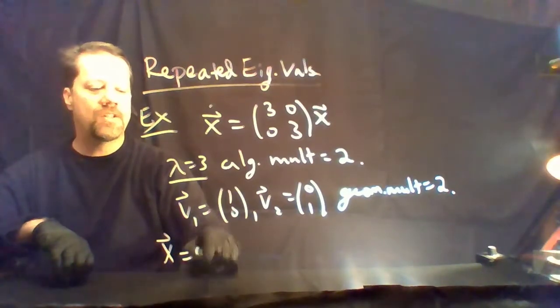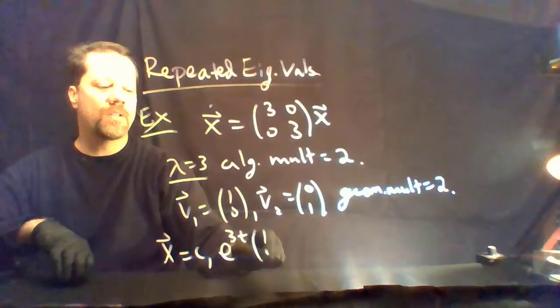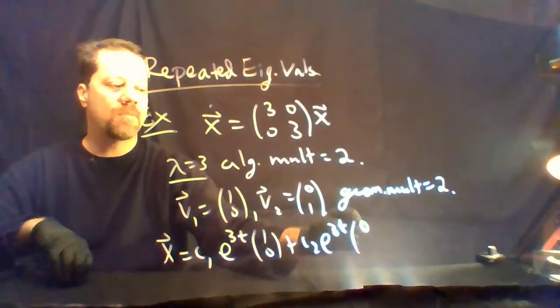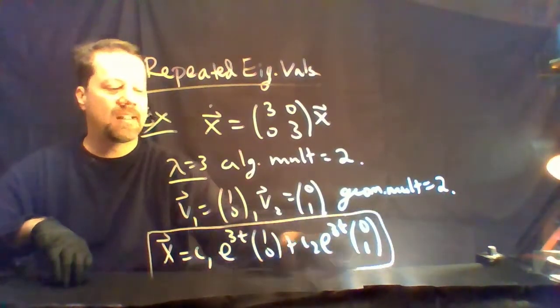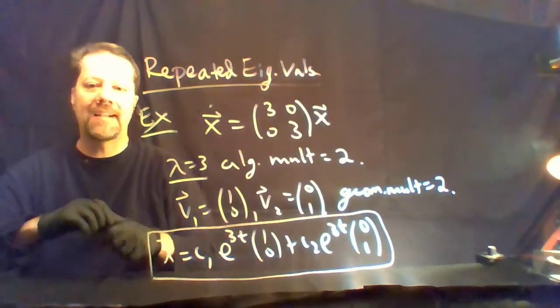This gives us a general solution of C1 e to the 3t times (1, 0) plus C2 e to the 3t times (0, 1).